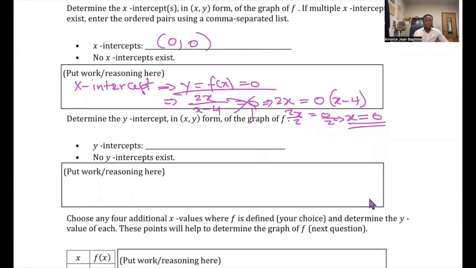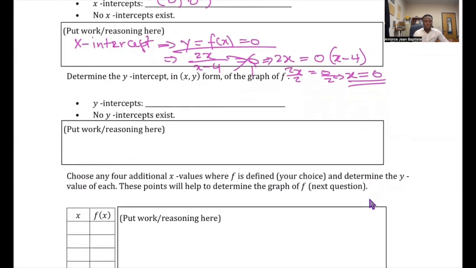Now, how do you find the y-intercept? Y-intercept is found when x equals 0.